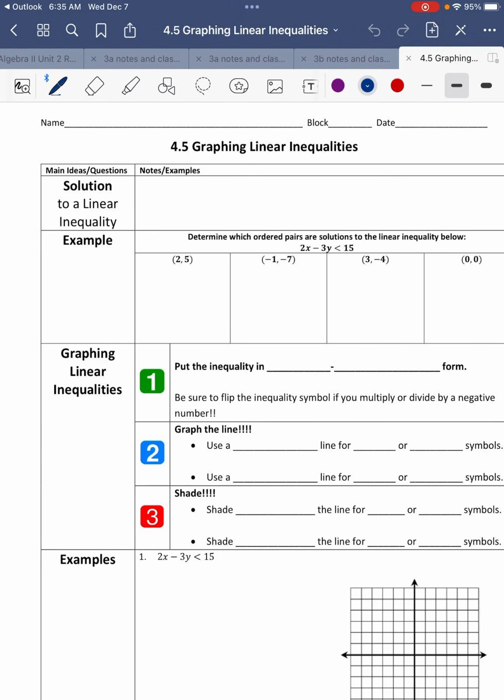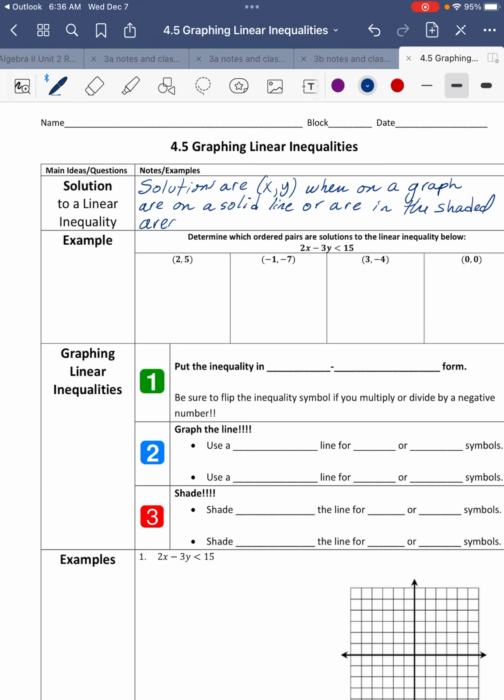So for some notes here, we have solutions to linear inequalities. Solutions are coordinates that, when you're looking at a graph, are on a solid line or are in the shaded area of the graph.